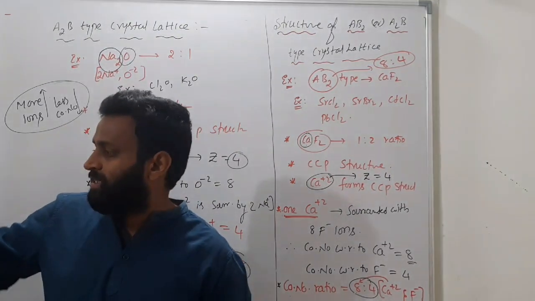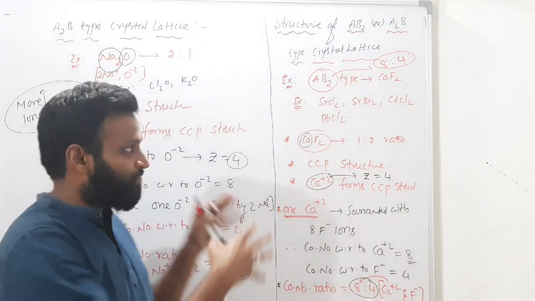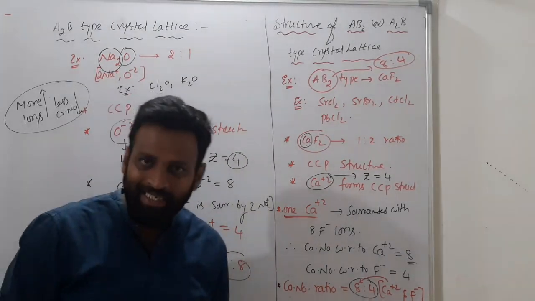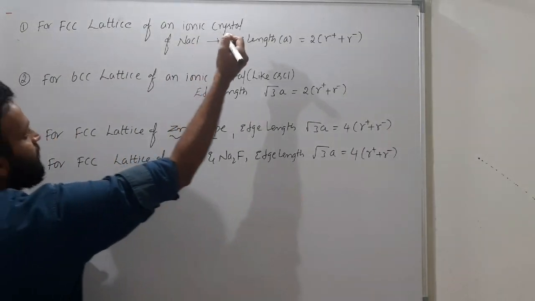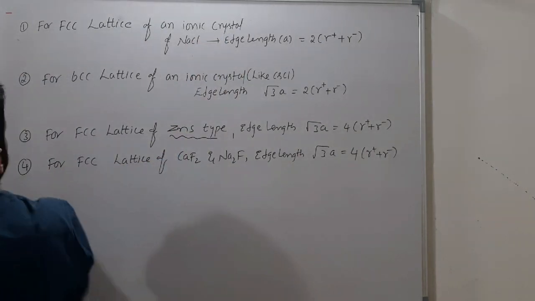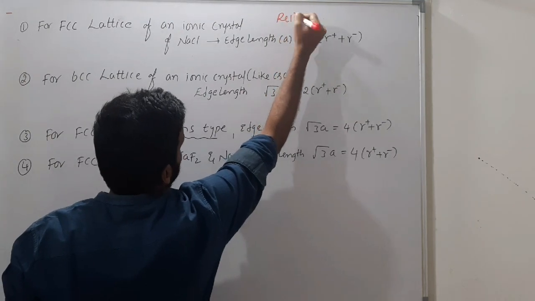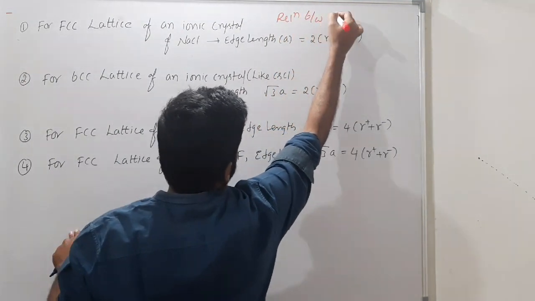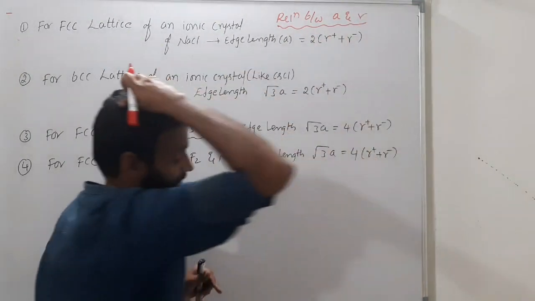We will discuss some radius and edge length relations for these kinds of ionic crystal lattices, some relation between edge length A and radius.